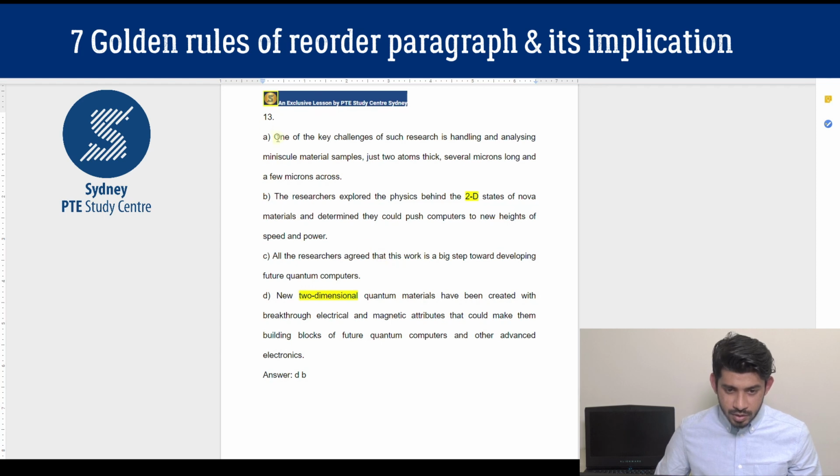So in terms of events, A happened before C. And also your C sounds like a very concluding statement. So A and C. So here we go, your answer is D, B, A, C.